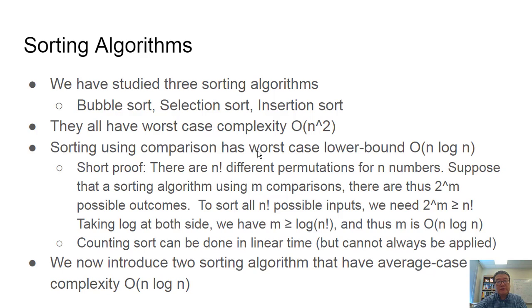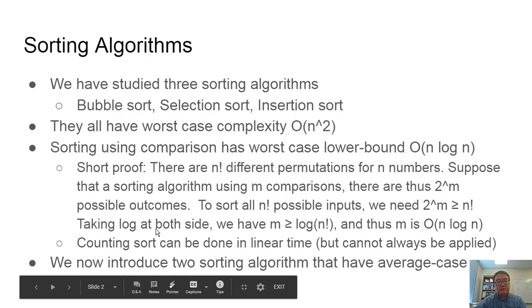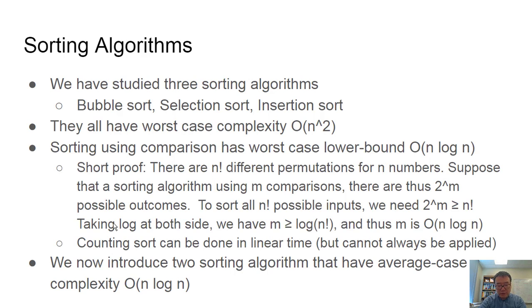This lower bound doesn't hold when we do counting sort, because counting sort can be done in linear time. In counting sort, we essentially scan through all the items and count how many of each item occurs, and then we simply output the items and duplicate them accordingly. Counting sort works when the range of the items is small.